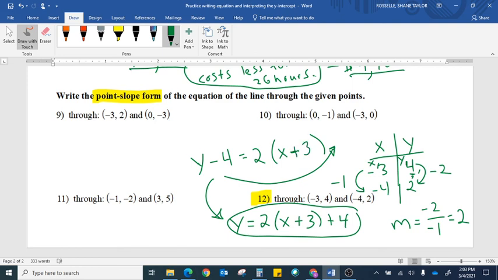All right, so 2 times the quantity x plus 3 is the same in both of the equations. The only thing that's different is that negative 4 is on the left side on the top one, and then on the right side on the bottom one. Okay, so that's it. Either one of those is correct. Use those to work through each of the problems. Use those as templates.